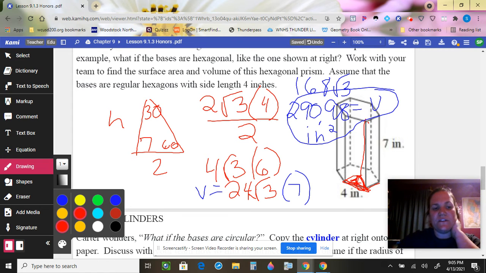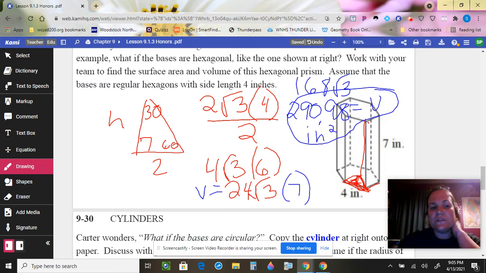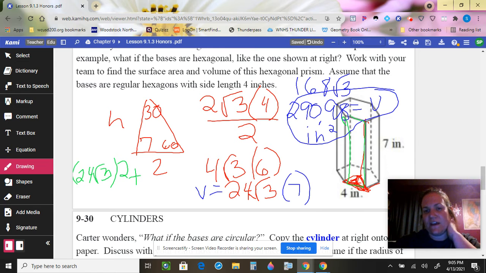So now if I'm going to do surface area, I have two surfaces of 24 radical 3. So I can times this by 2. And then I'm going to add, if you remember my rectangles here, so this would be 4 by 7. So think, how many rectangles do I have that are 4 times 7? Hopefully you're saying 6. So I'm going to have 4 times 7 times 6. And that's going to be my other surfaces for that.